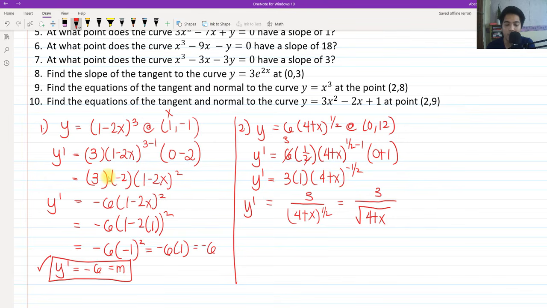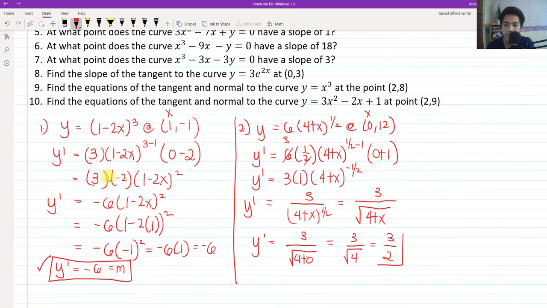To get this slope, we substitute the value again of this x. So we have y prime. Our x is 0 at the point (0, 12). So we have 3 all over the square root of 4 plus 0, or 3 over the square root of 4, and the square root of 4 would be 2.